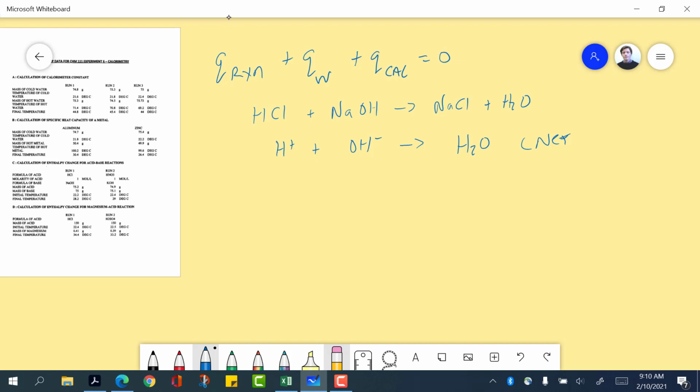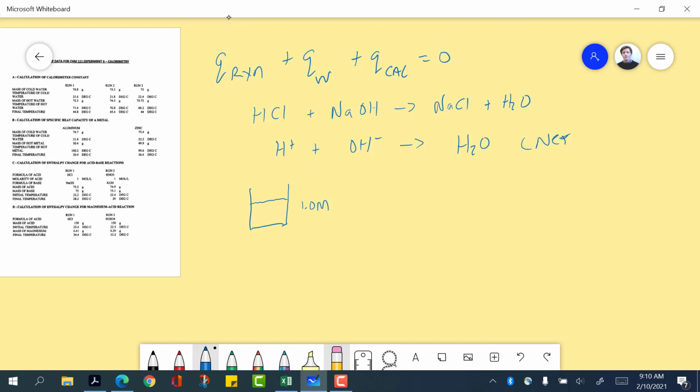Now, what we're doing in this particular case in our calorimeter is, if we had our coffee cup calorimeter, we would have one of the reactants, like the base, we would put that right in here. We'd have a known mass and we have a concentration. We want to use the same concentrations.